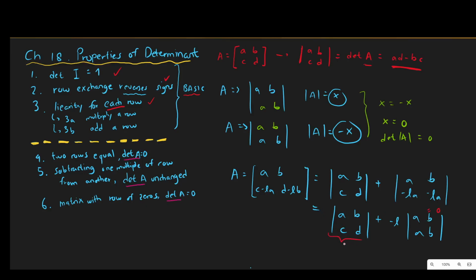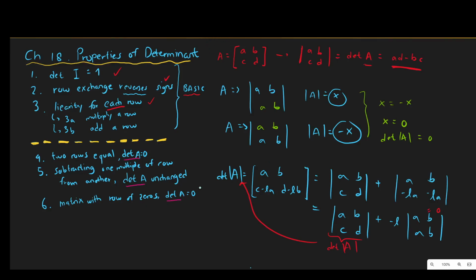Thus, this is still the matrix A, and the determinant is still the same as the original one. So that elimination doesn't affect the determinant of A, our original matrix.